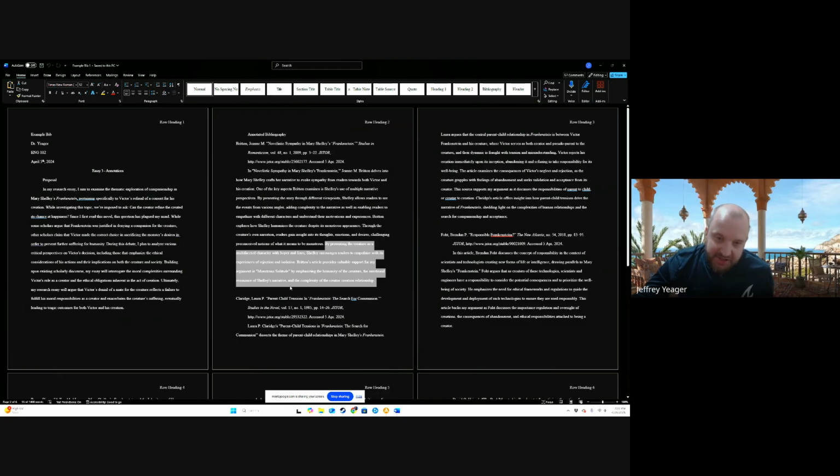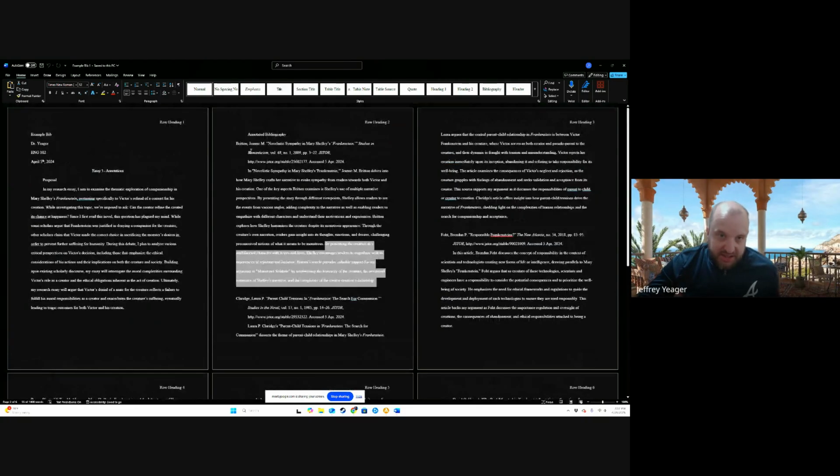So here's the analysis part. Britton's article provides valuable support for my argument of monstrous solitude by emphasizing the humanity of the creature, the emotional resonance of Shelley's narrative, and the complexity of the creature-creation relationship. So there's your analysis, right? That's why here's how your article will be helpful to your research project.